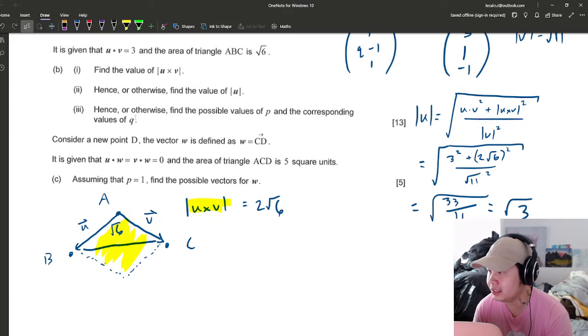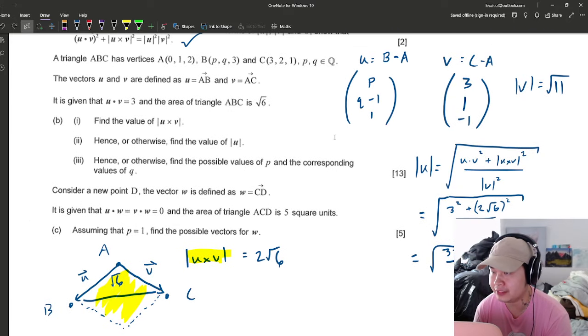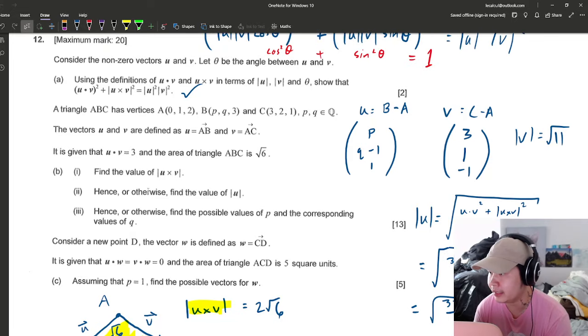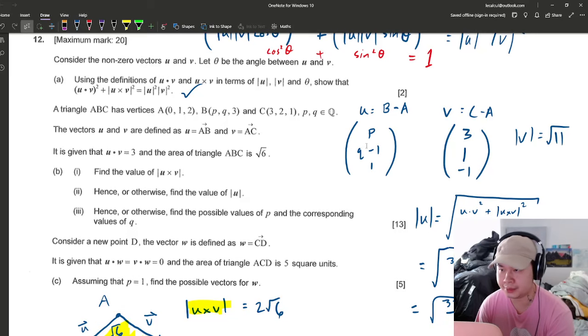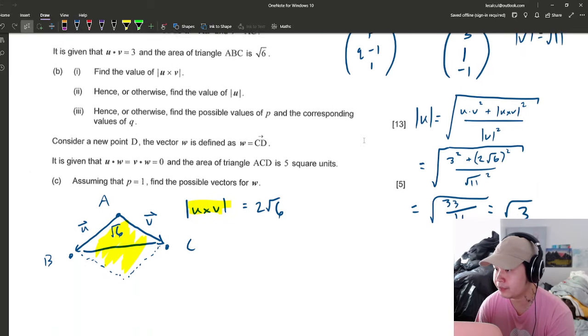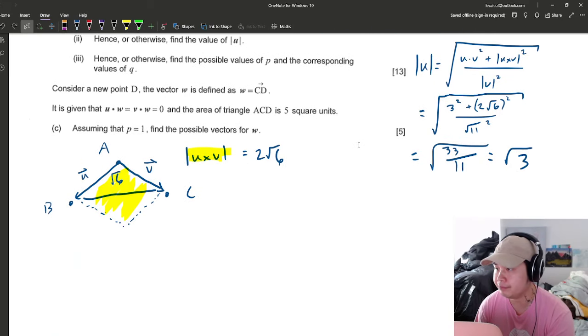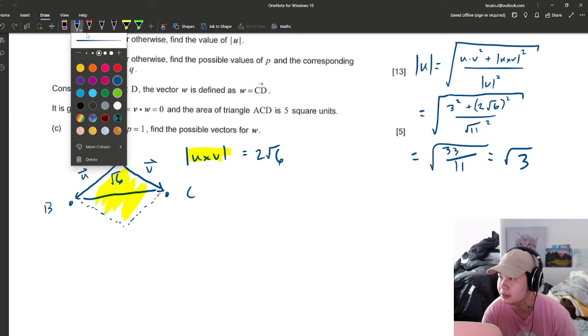Then, hence or otherwise, find the possible values of p and their corresponding values of q. There are 2 variables, so we need 2 equations. One, we know that the length of u is now root 3, so we can make an equation like that. Let's use green now.